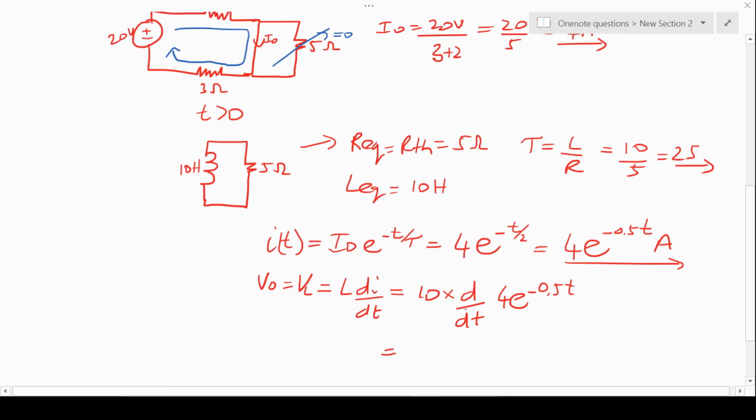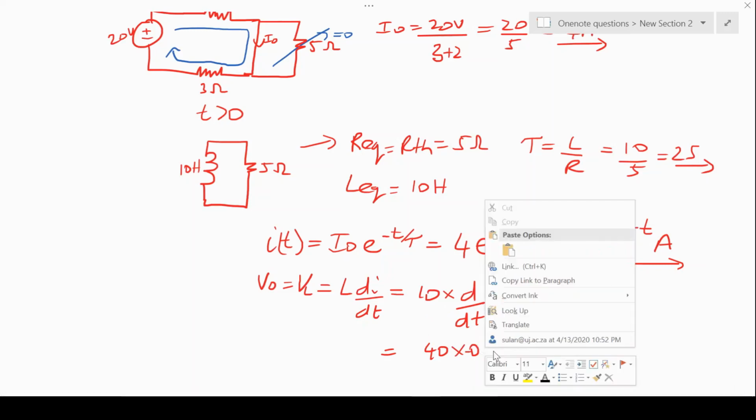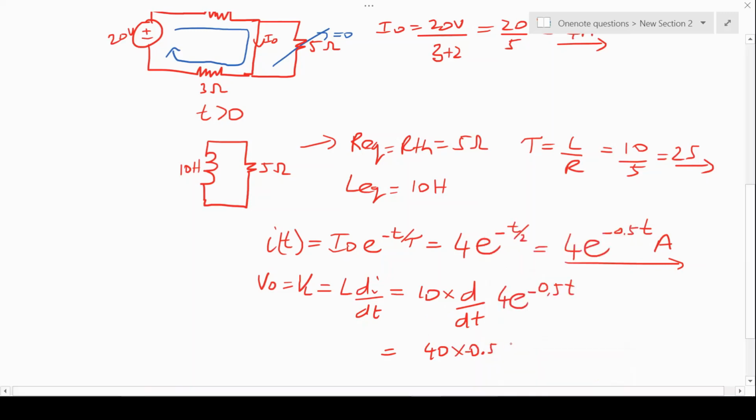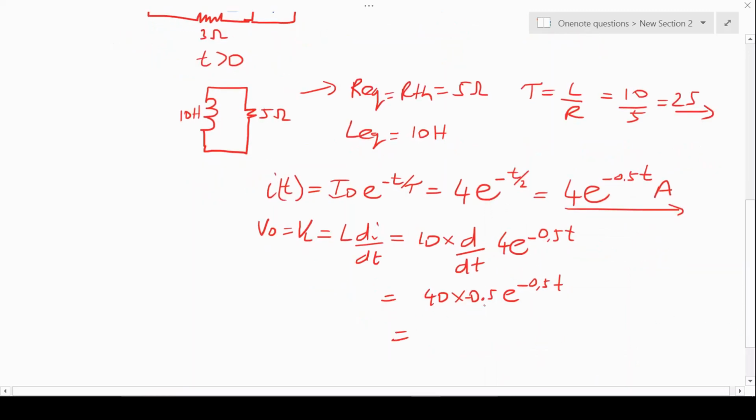This gives us 10 times 4 is 40, times negative 0.5, e to the negative 0.5 t, which gives a final value of minus 20 e to the negative 0.5 t volts, and that will be the output voltage V0.